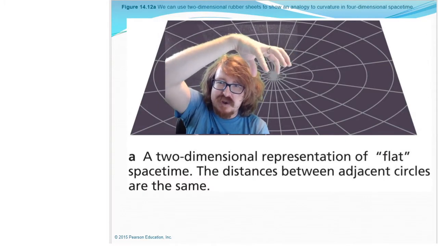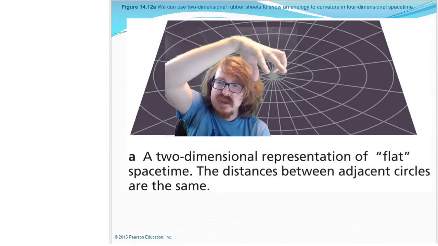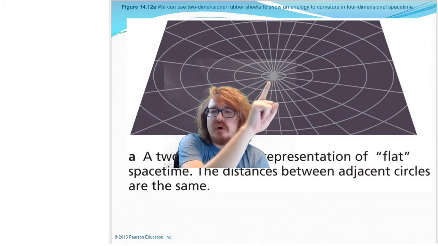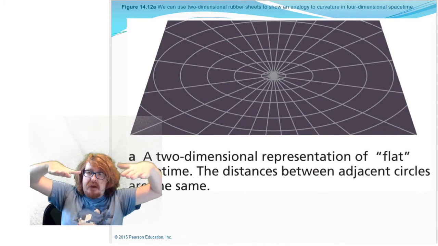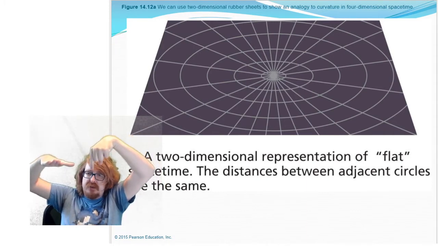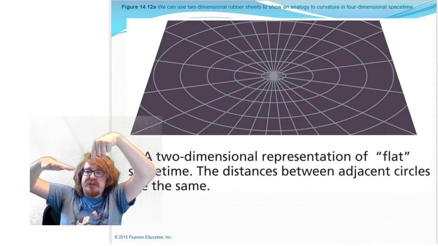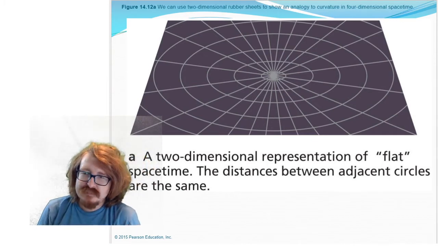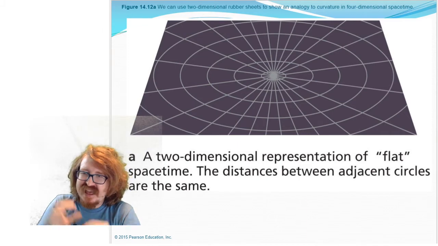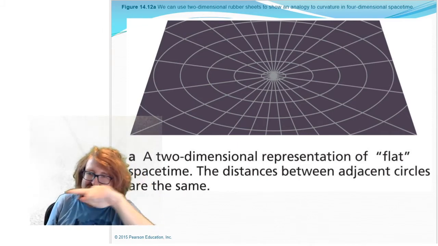Now, what's that bowling ball going to do? If they're all holding that sheet perfectly flat up in the air, and I put a bowling ball in the middle of it, what's going to happen to the sheet?